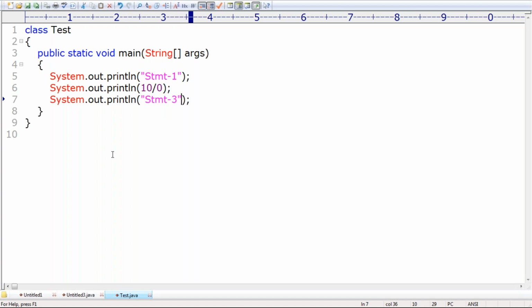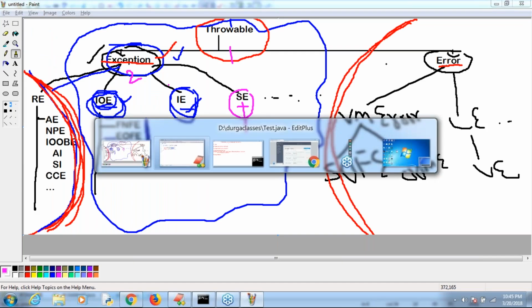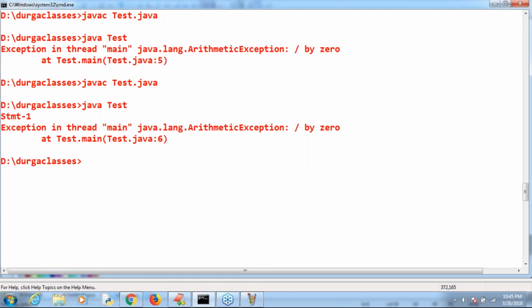If I run this one, what is the output we are going to get? Simple code. Statement 1 will be printed normally, and then immediately ArithmeticException is going to come. Correct or not? Happily the code is going to compile: statement 1 followed by ArithmeticException.